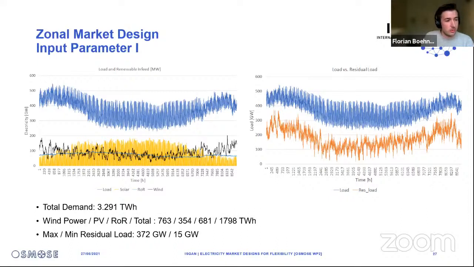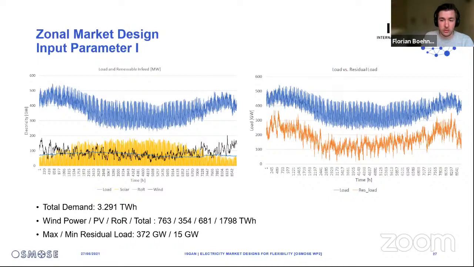Take note that those are cumulated time series over all 33 countries. The 3 renewable energy sources sum up to a total infeed of close to 1.8K terawatt hours, which makes roughly 55% of the demand. As a result of the left figure, we can see the right figure, where I plotted the residual load.